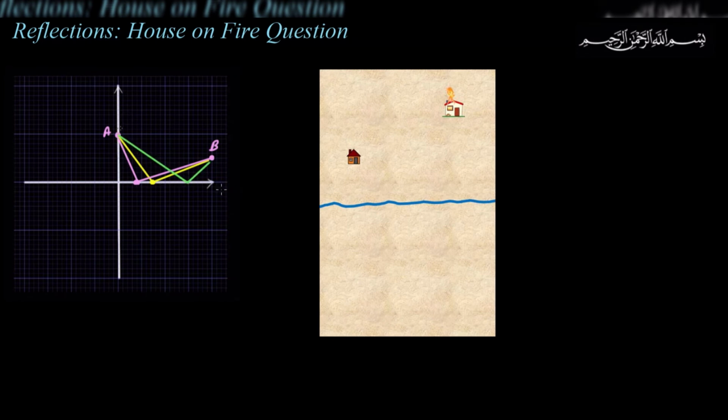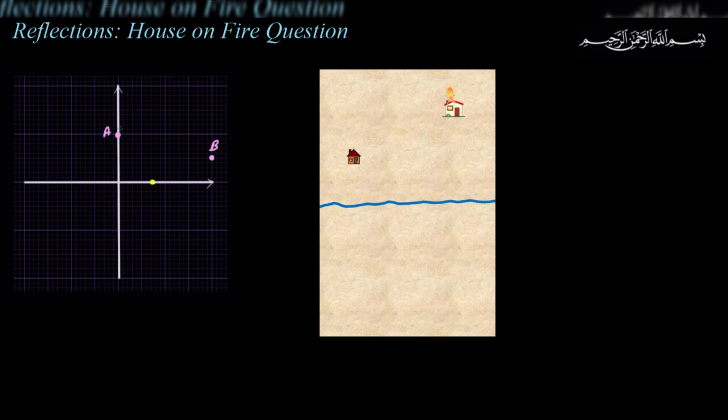As you can see, if the x-axis here was like the river, and you wanted to stop on the river on the x-axis before you go to point D, the question is, in the Cartesian plane, how would you go about finding this? So this is again the same question, like if you wanted to go from your house to the river.